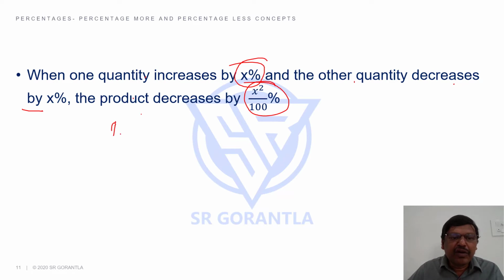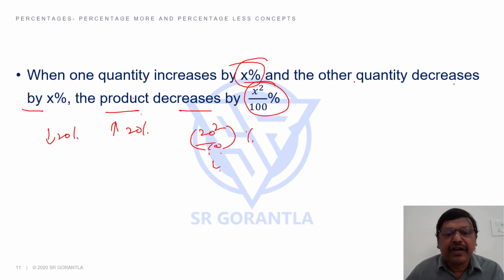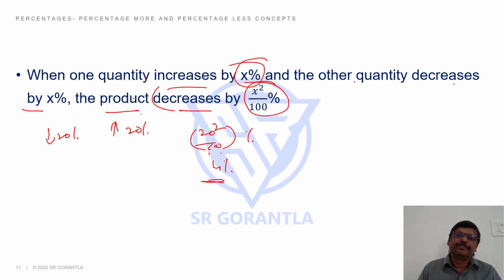Here, one quantity is reduced by 20%, the other one is increased by 20%. The result is going to be the product. So what will be the effect on the product? The product will change by x square by 100%, 20 square by 100. You know 20 square is 400, by 100, 4%. It decreases. This is the further shortcut.